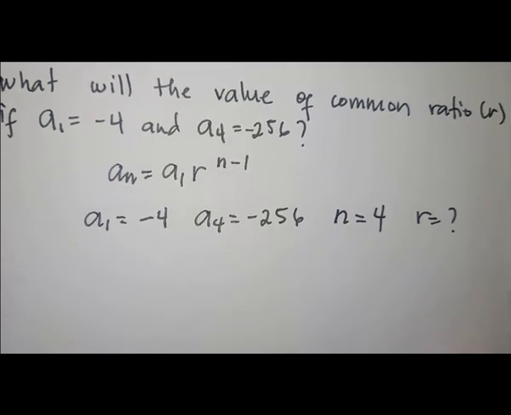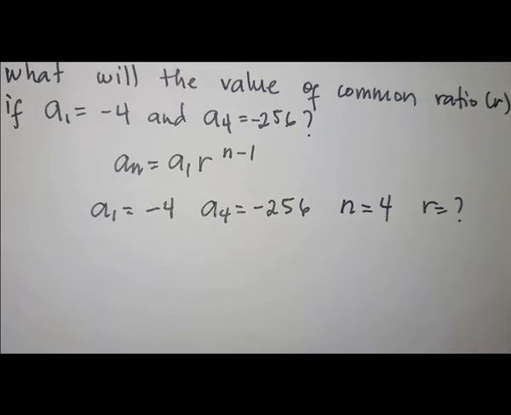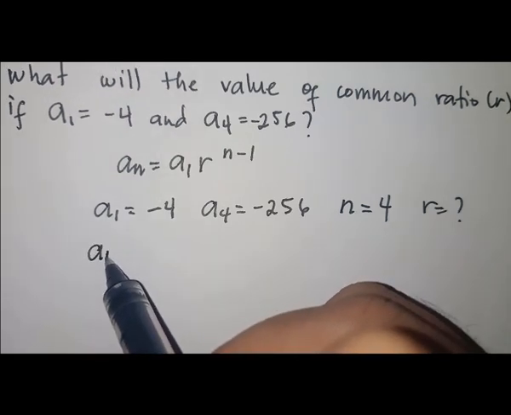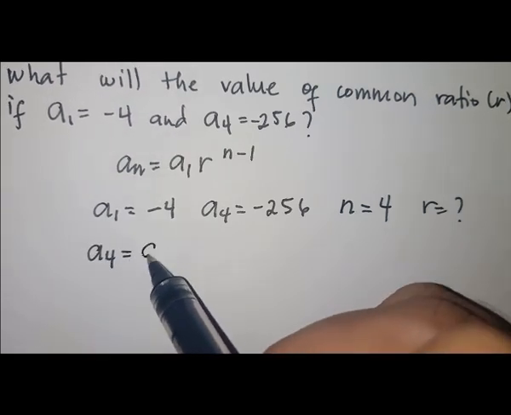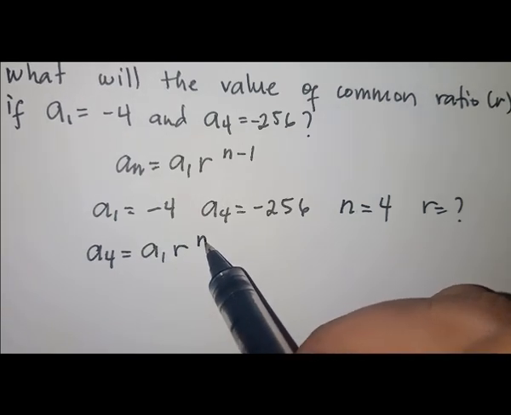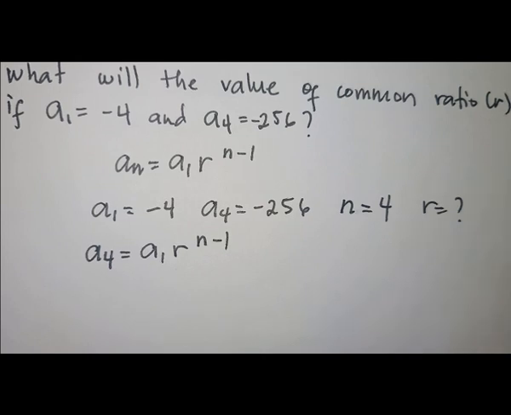Okay, so let us try to substitute the corresponding value. Rewrite natin, the equation will become a sub 4 is equal to a sub 1 times r raised to n minus 1.